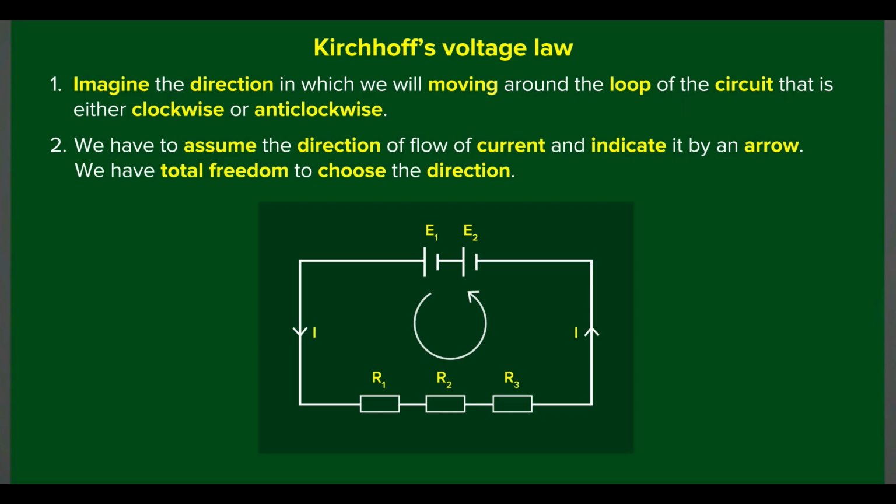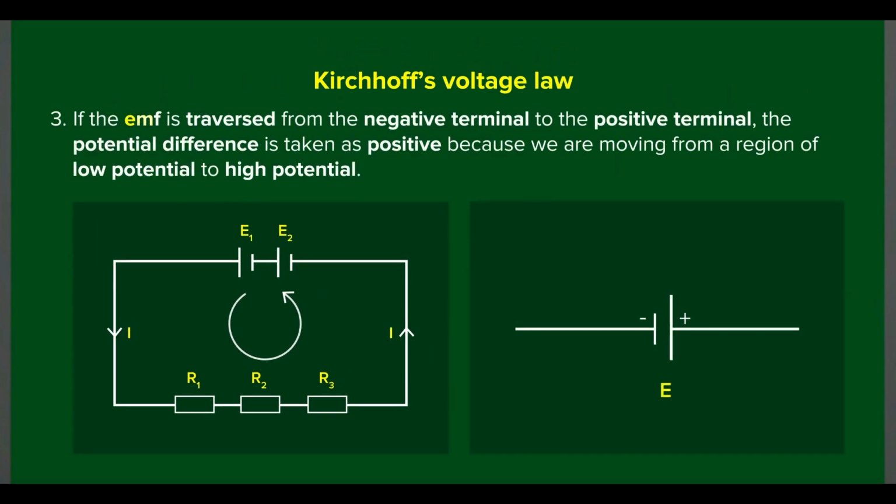Okay. Is the sign convention of the source the rule which dictates whether the EMF should be taken as positive or negative? Yep. It says that if the EMF is traversed from the negative terminal to positive terminal, the potential difference is taken as positive because we are moving from a region of low potential to high potential.